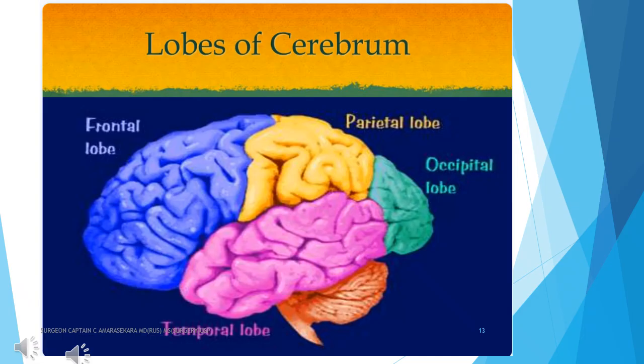You can see here, most posteriorly, the occipital lobe colored in green. It's mainly visual cortex, as you know already. Lesions may cause hemianopia, visual hallucinations, and cortical blindness. Then you see the temporal lobe, colored in pink. It handles auditory perception, memory, emotion, and language comprehension, Wernicke's area.